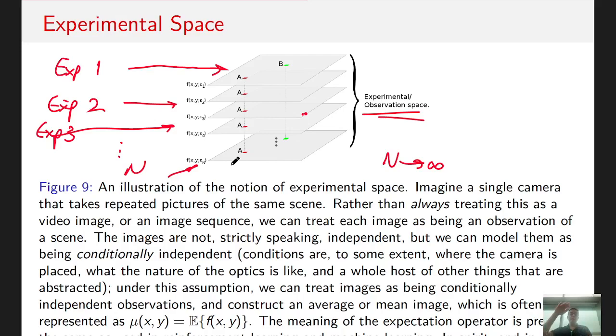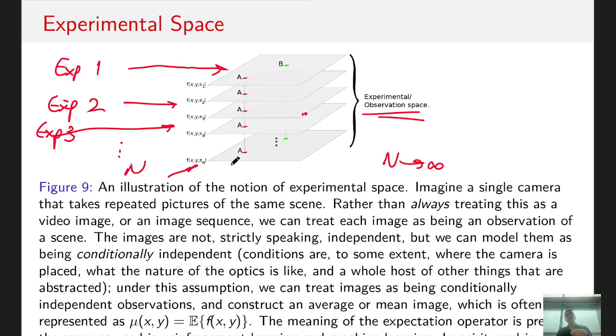Then when I compute the mean image, or approximate the expected image for that phantom imaging study, I basically converge to the noise-free view of what this object looks like when it's in the scanner.